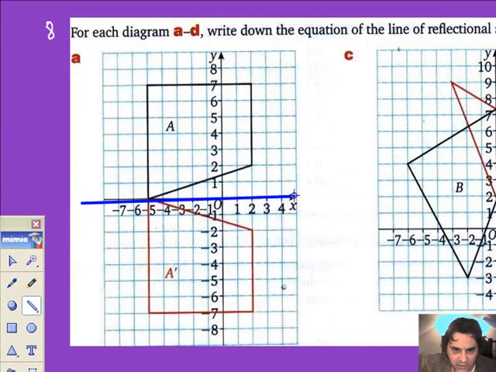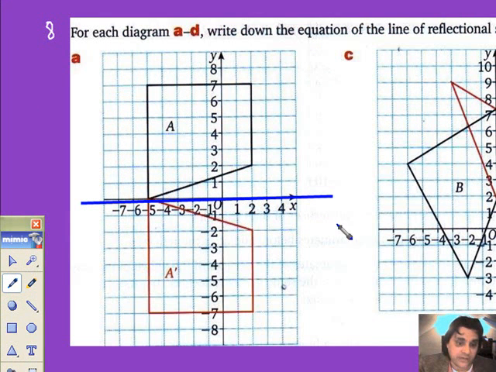Now, I'm going to take my line, put it across there, and that is in fact the x-axis. But the x-axis is not an equation. The equation of the x-axis is y equals 0. You may recall from other videos that the horizontal lines pass through the y-axis as follows. All the y lines, as I call them, are horizontal. So that will be the line y equals 8.